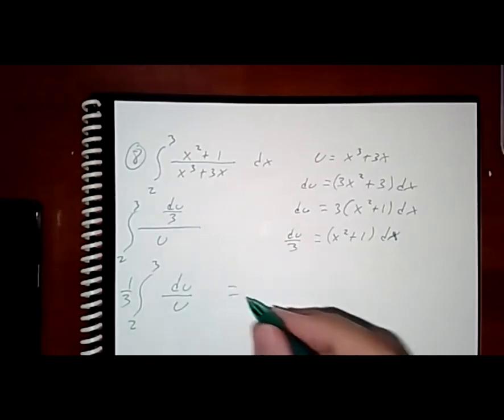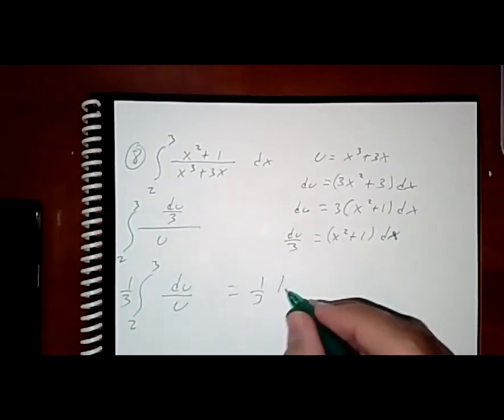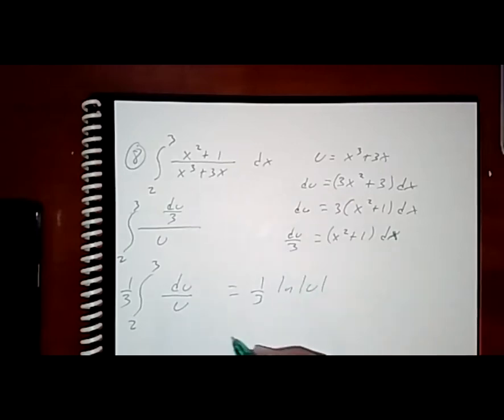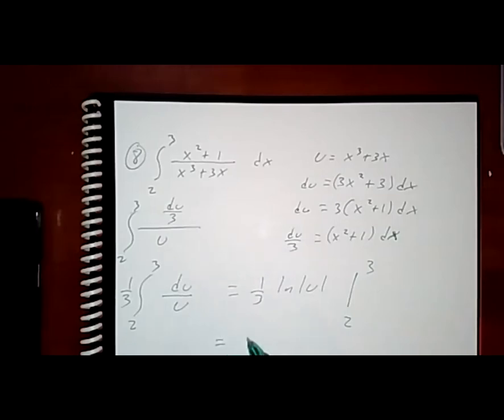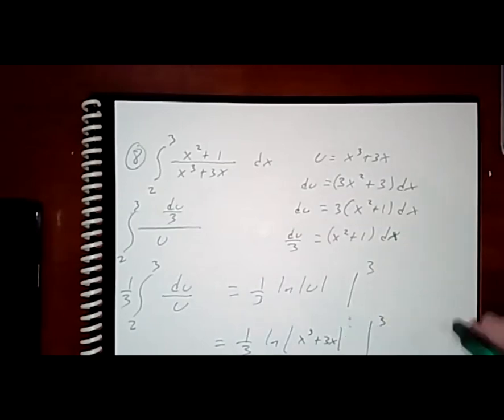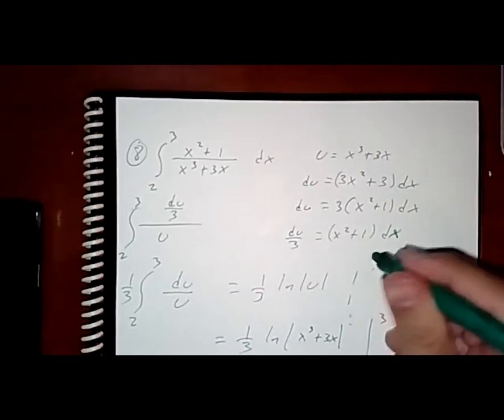So integrate that and you'll get 1/3 ln u from 2 to 3, but these bounds are for x, so I need to bring back the x in order to use them. Otherwise, I'd have to change the bounds, which I don't like to do. I don't like to do more work than I have to. Make this a little prettier.